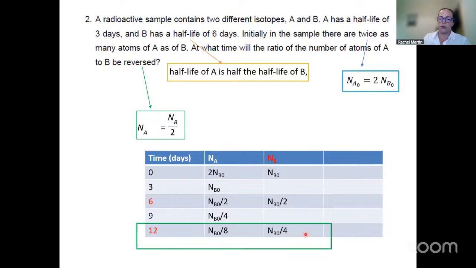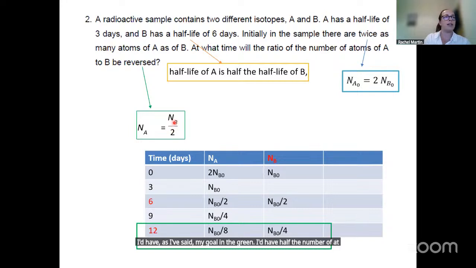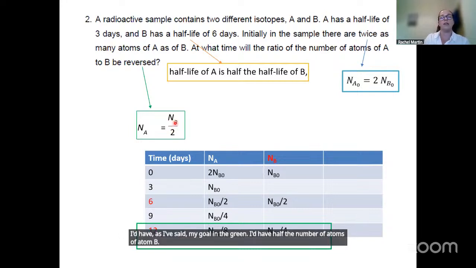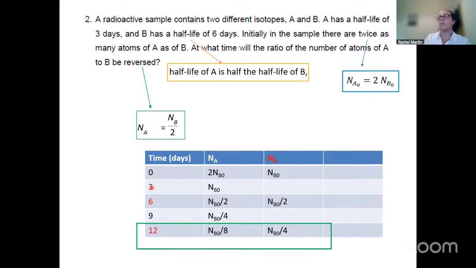And so after 12 days, and I know that an eighth is a half of a quarter, I'd have, as I've said, my goal in the green, half the number of atoms of atom B. So we've reached our goal.